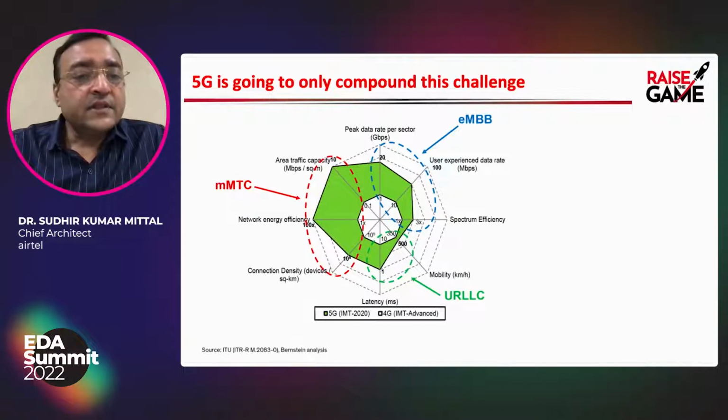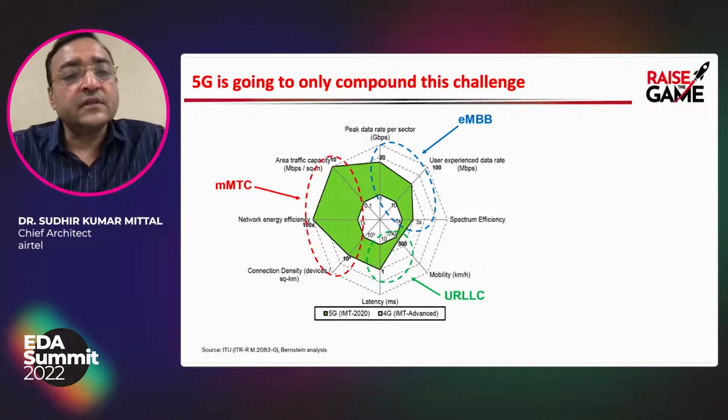On massive machine type communication, which is the massive IoT, we are talking about huge network energy efficiency and connection density of almost 10 times that of 4G.